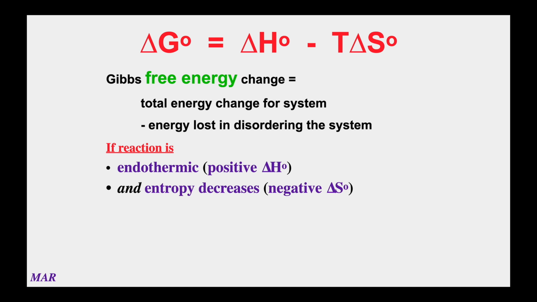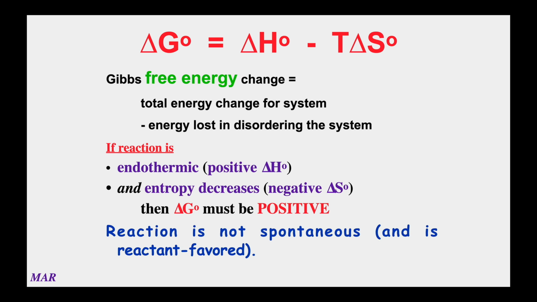In those cases, delta G will always be a positive number. So if you end up with a reaction that's endothermic with decreasing entropy, you will always be in a non-spontaneous state. Those reactions just won't occur. They're going to be reactant favored, or they won't occur to a very appreciable extent like we've seen with equilibrium.